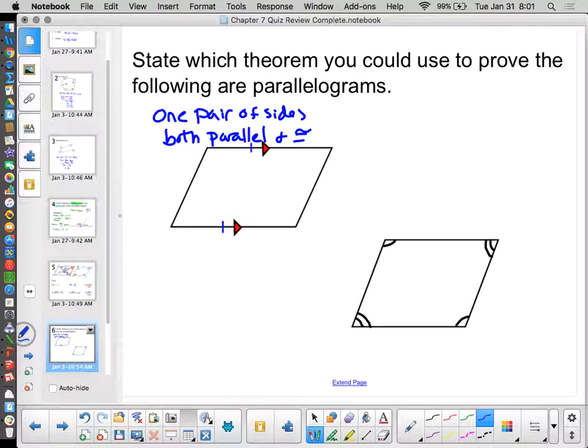Which reason is here? Both pairs of opposite angles congruent. And notice I often use a congruent symbol instead of writing out the word congruent, because I'm lazy.